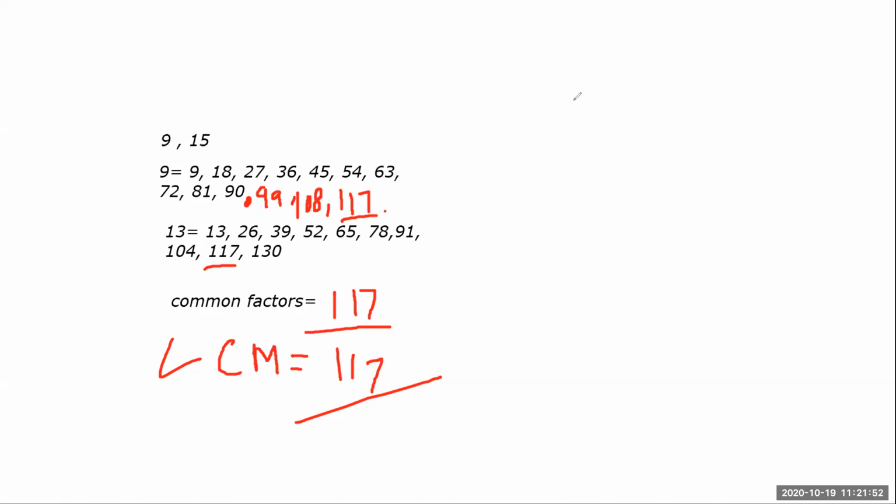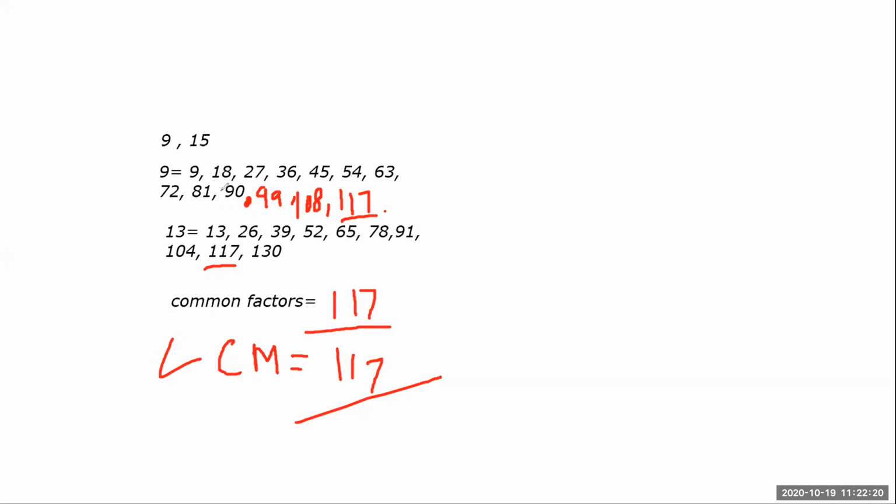Okay, so I'll make you understand again. Please pay attention, everyone. In this case, what we did, we first wrote the table of 9, that is 9 ones are 9, 9 twos are 18, 9 threes are 27 till 90. Then we took the number 13 and then we wrote the table of 13 till 130, 13 tens are 130.